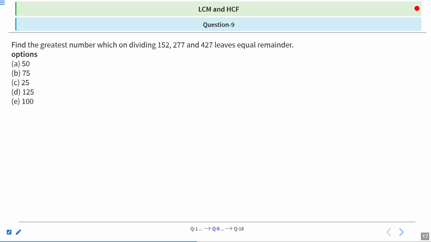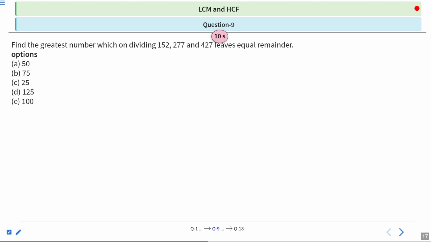Next is: find the greatest number which on dividing 152, 277 and 427 leaves equal remainder. And the options are option A 50, option B 75, option C 25, option D 125 and option E 100.